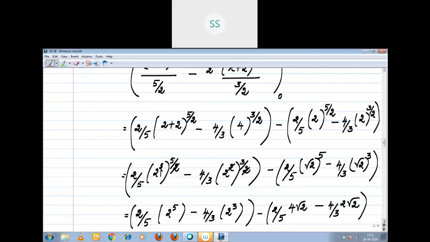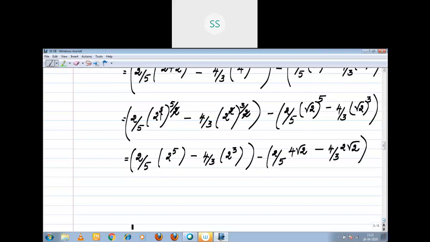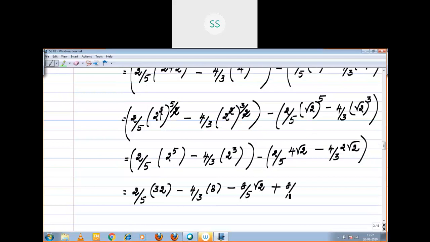Now, for your purpose, I am going slowly, right? 2 by 5 into 32, since 2 power 5 is 32, minus 4 by 3 into 8, since 2 power 3 is 8, minus 8 by 5 root 2 plus 8 by 3 root 2.